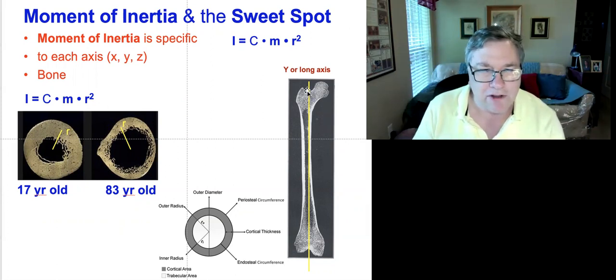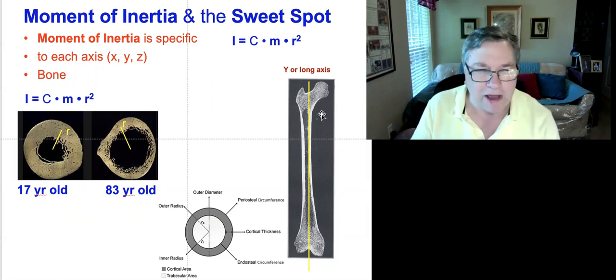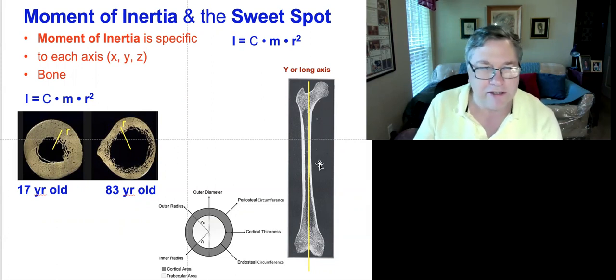So here's a longitudinal cross section. Here's the long axis. You have cancellous bone on either end, which adapts pretty fast, but also loses mass fast, like in spaceflight, aging, etc.